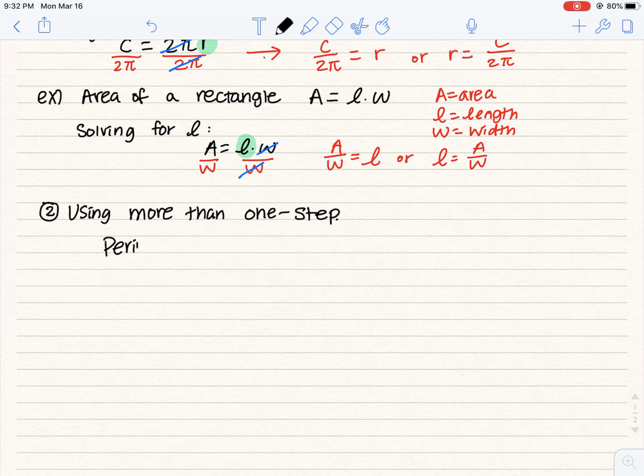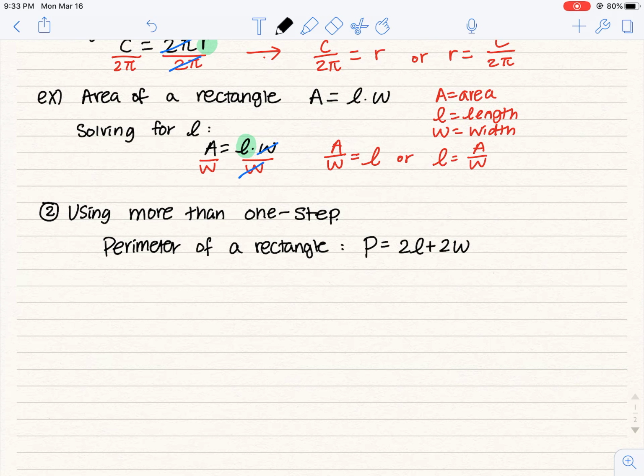So perimeter, which means adding all the sides of a rectangle, is going to be two times L, so 2 times the length, plus 2 times W, 2 times the width.